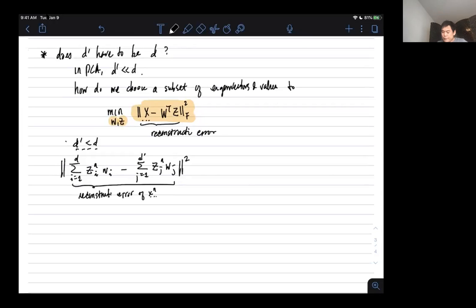Why is it enough? Because this Frobenius norm is going to be the sum of the reconstruction errors of each and every input variable. So all we need to do is look at one of them and see what happens.